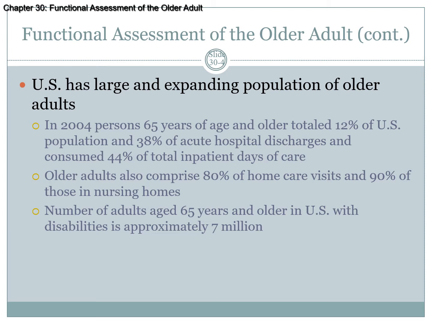And then they break that down into the old, which would be 85 years or older, and then middle old would be 75 to 84. So it breaks down into the different age categories, but we know that we have a large population of older adults in our society. And a large amount of that, about 80% of home care visits and 90% of the older adults are actually in nursing homes and we care for.